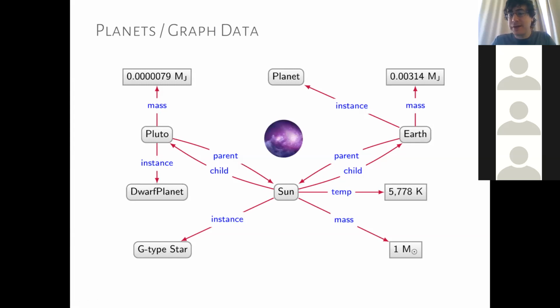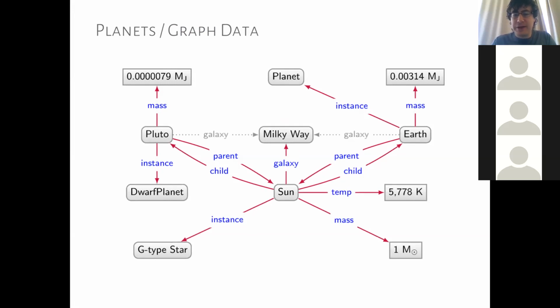If we have exoplanets, not the end of the world. We can just add the galaxies to the sun, and we can continue and add other planets and other galaxies, and there's no great drama. So we can continue in this way, and we can just add incrementally more and more data about our planets, and it's much more flexible in the sense that we don't need to define a relational schema at the start.